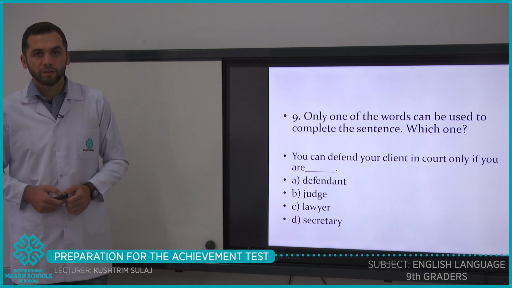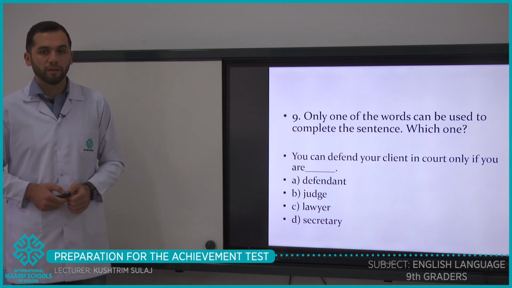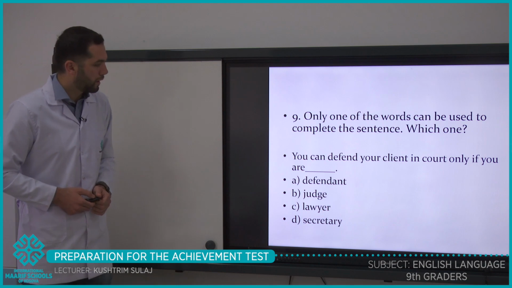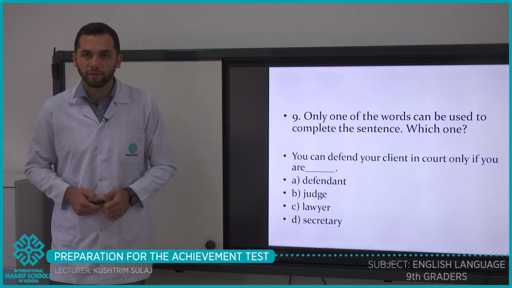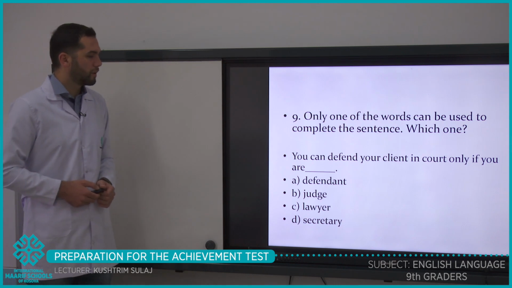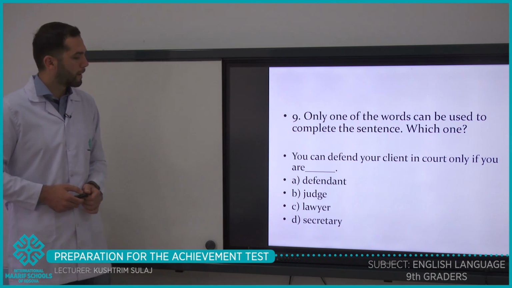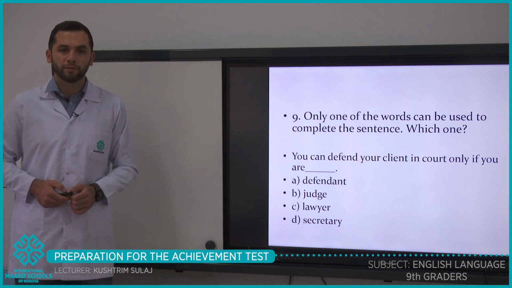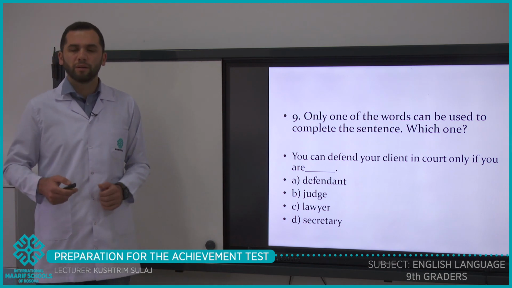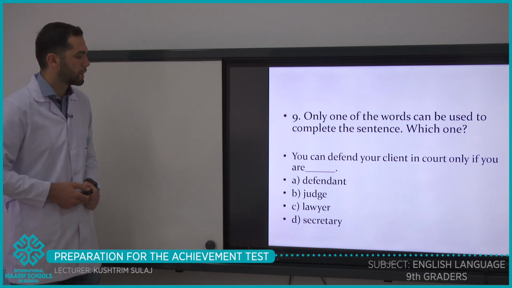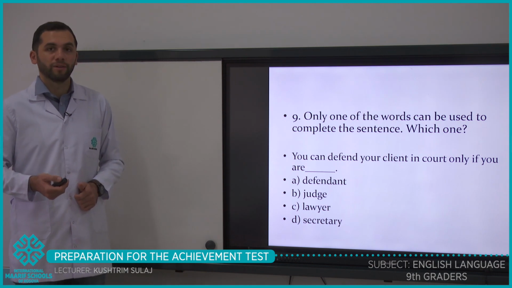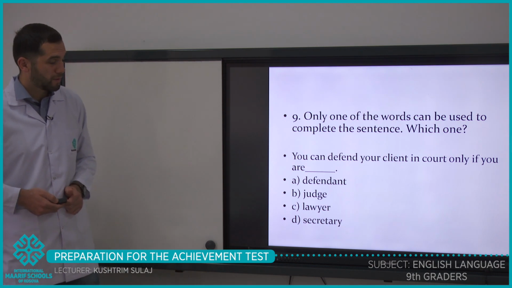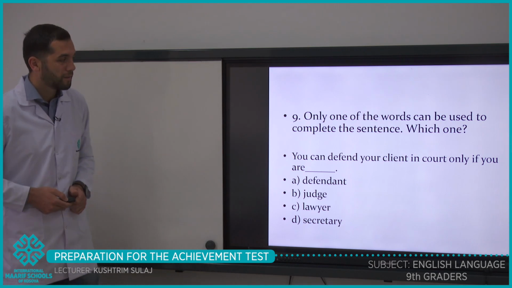And then the judge is the person, the leader who can control everything in the court. And then we have the secretary. Secretary usually has to take care of the administration part, the documents, the papers, what the bosses tell them to do, and then the lawyer. What is the lawyer?